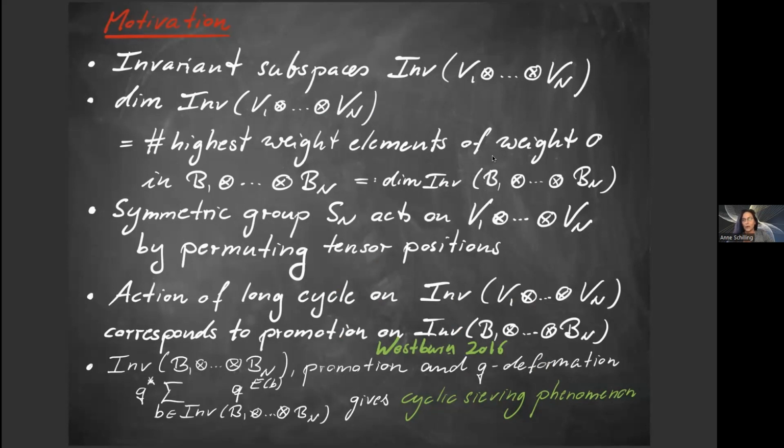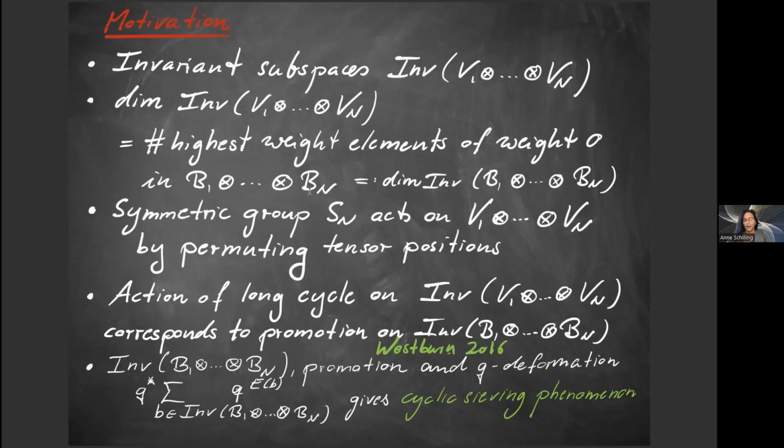It is known that you can count the dimensions by the number of highest weight elements of weight 0 in some crystal corresponding to these representations. So if you have the representations V1 up to Vn, you can look at the corresponding crystal bases, B1 up to Bn, and then you can count these highest weight elements in there of weight 0, and that gives you the dimension of the invariant space.